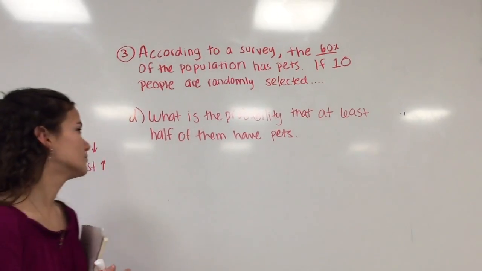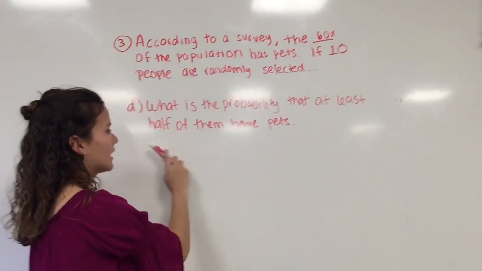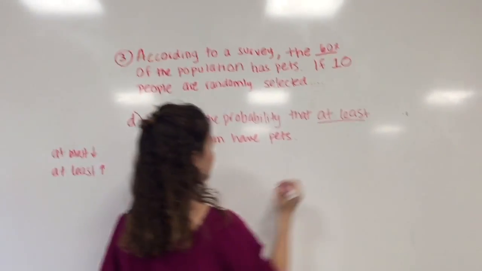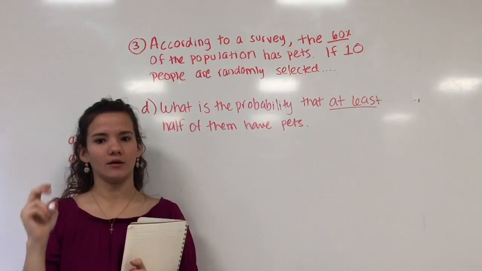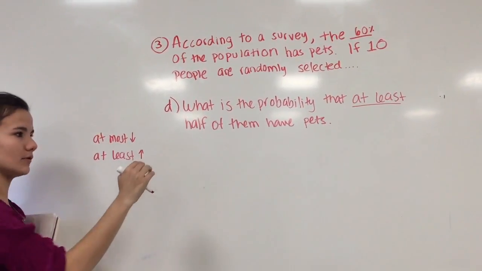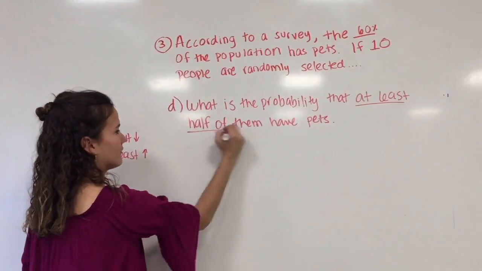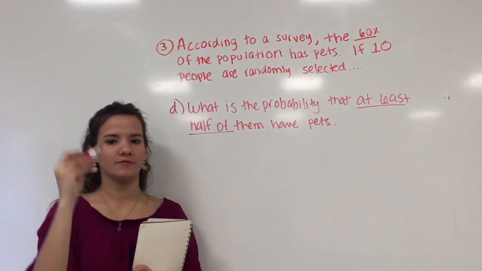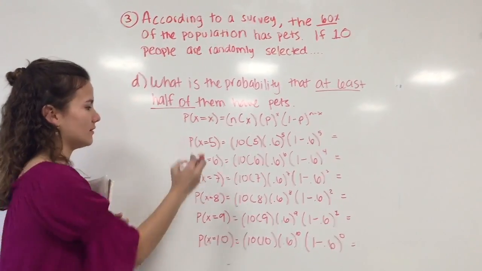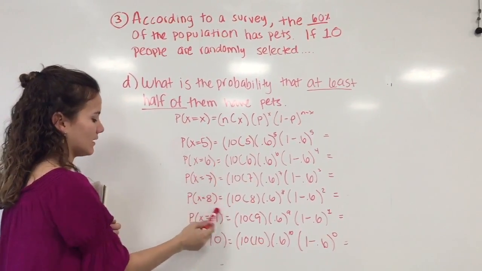For D, we have to find the probability that at least half of them have pets. The keyword here is "at least," which means that when we're talking about a number that says at least, you're talking about the numbers that go up, and since it's half of them, you're going to choose the numbers 5, 6, 7, 8, 9, and 10. So we substituted the x for 5, 6, 7, 8, 9, and 10.